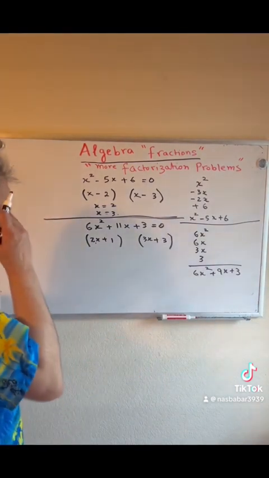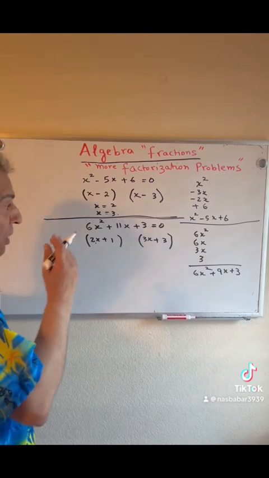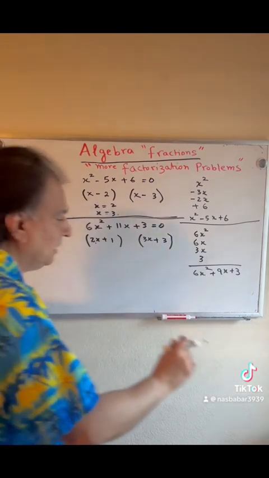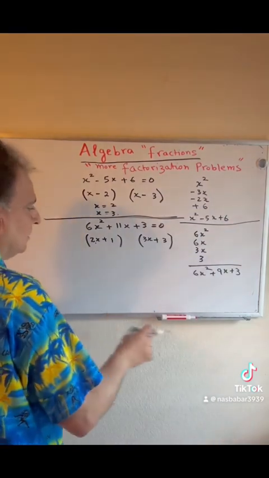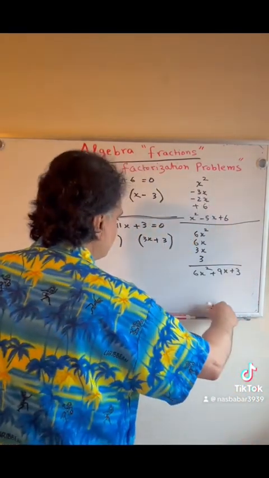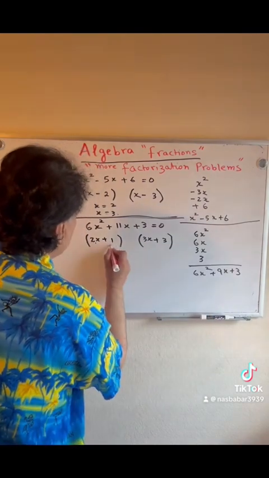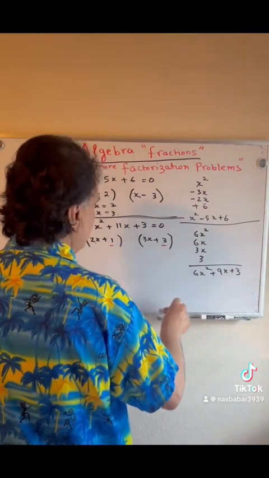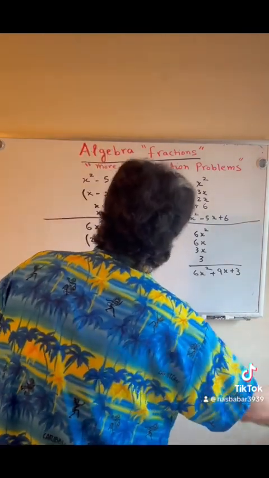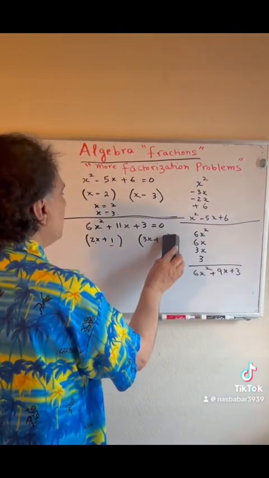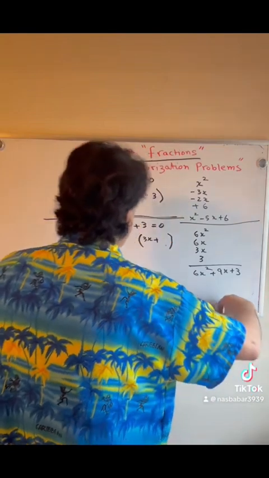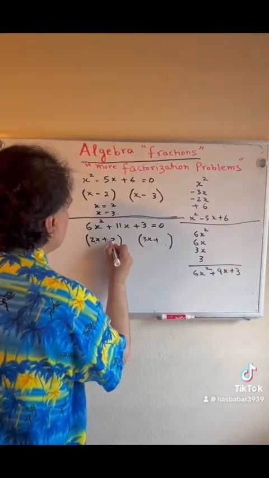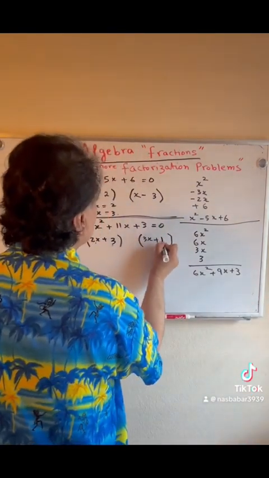One way I can think to fix this is to replace these coefficients, this one and this one. I'm going to erase them, and I'm going to put 3 right here, and 1 right here.